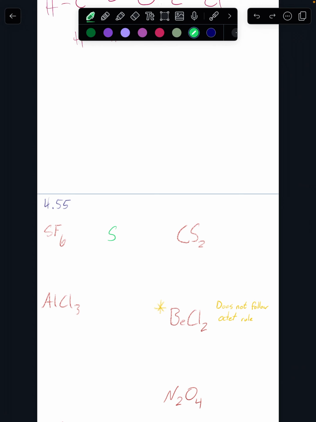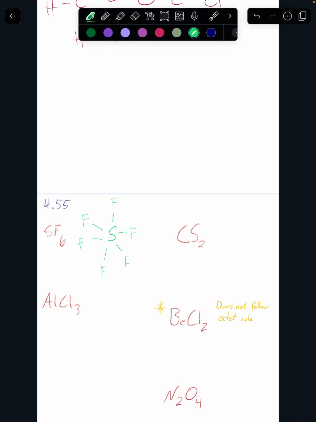So, sulfur like 6. 1, 2, 3, 4, 5, 6. There's 6 of the fluorine. 1, 2, 3, 4, 5, 6. So our sulfur is happy. And all of our fluorines are what's connected to that sulfur.